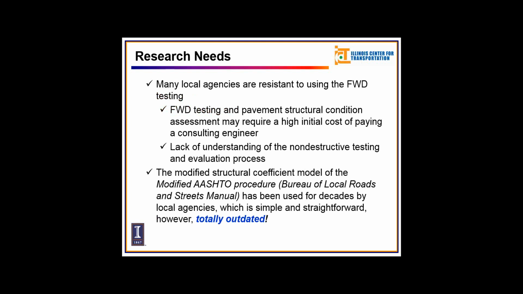So many local agencies don't want to bear that cost, and also there is a lack of understanding of the whole process and the evaluation, how it goes. So what they're doing is basically using a modified structural coefficient procedure. It has been adapted from the 1960 AASHTO road test, and like I've said before, it's very simple and straightforward, but it's totally outdated.